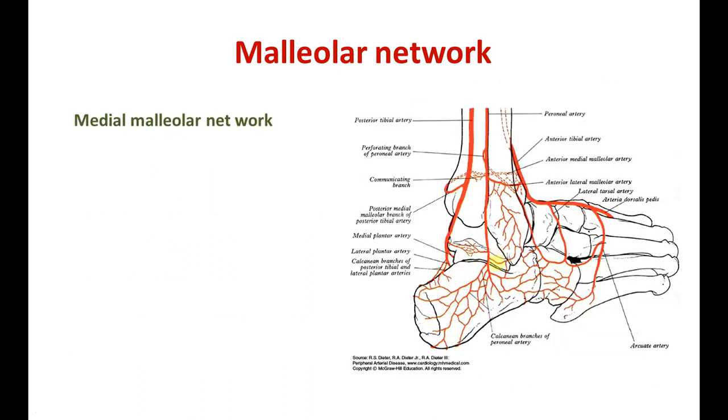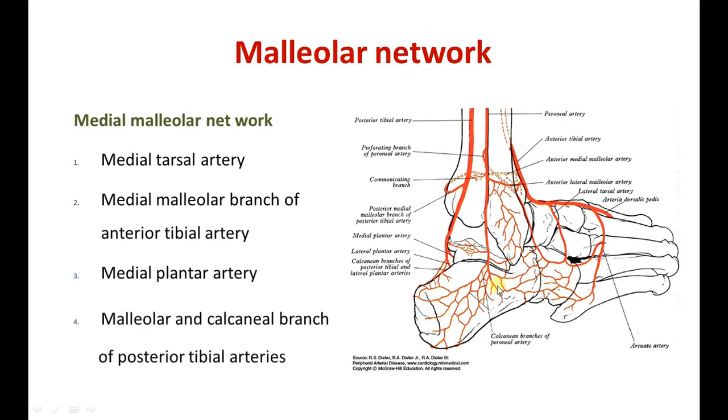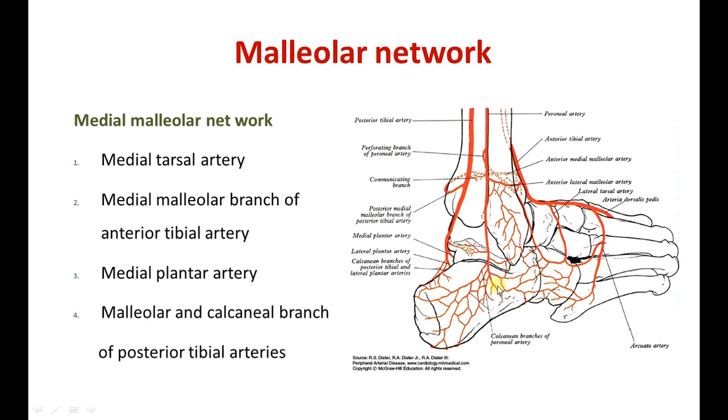The medial malleolar network is mainly from the medial tarsal artery, the medial malleolar branch of the anterior tibial artery, the medial plantar artery, and finally the malleolar and calcaneal branches of the posterior tibial artery. Both sides: there it is lateral tarsal, here it is medial tarsal.